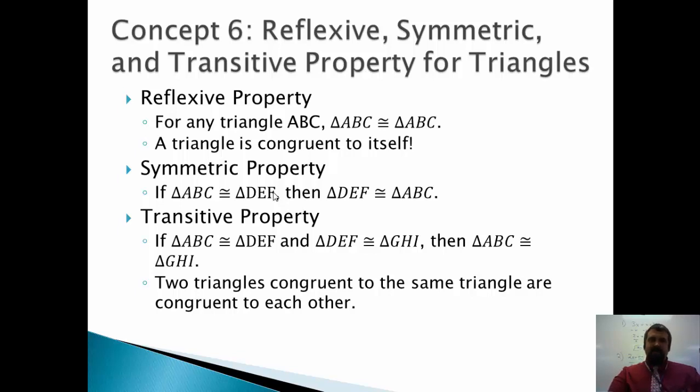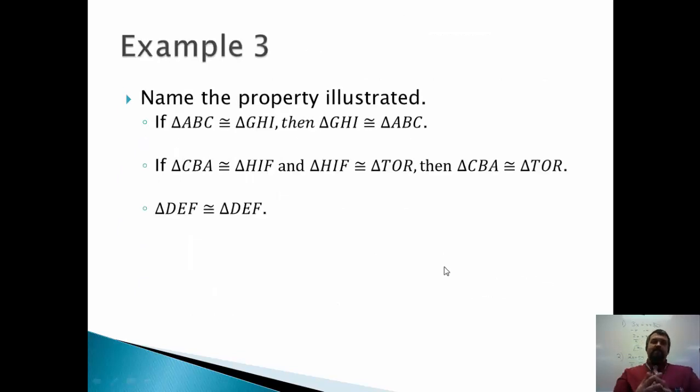Let's just see if you can apply these rules. Alright, so here's the three things. Name the property illustrated. If I have triangle ABC congruent to triangle GHI, and I have triangle GHI congruent to triangle ABC, well, that's flipping it around this way. Symmetric property. The next one, triangle CBA is congruent to triangle HIF, and I also know that triangle HIF is congruent to triangle TOR.